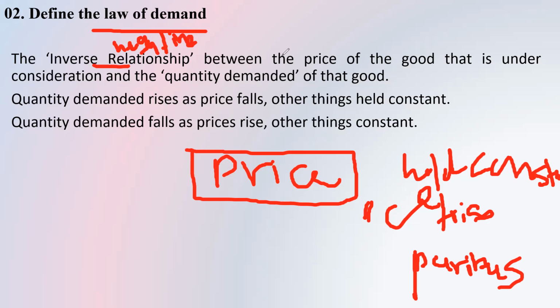So what does the law of demand explain? The law of demand examines the relationship between price and the quantity of a commodity when other things are held constant. That is the law of demand.